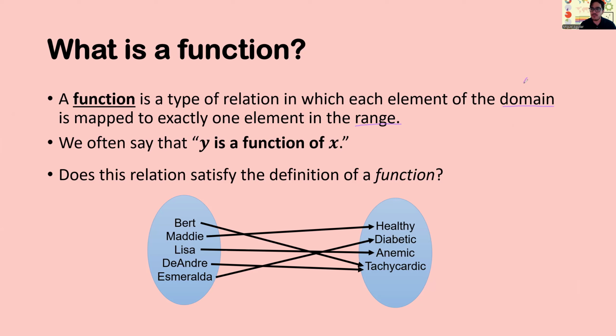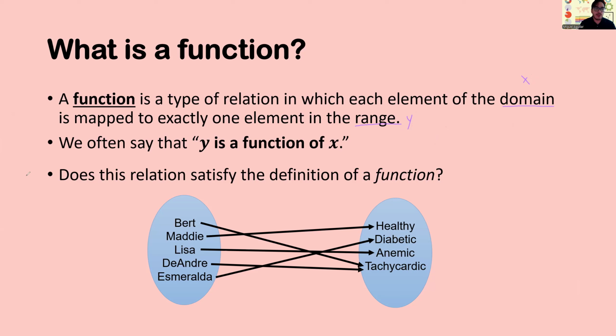But a function is just a type of relation in which each element of the domain, each x value, okay, is mapped to exactly one element in the range. So each x value only has one y value. Sometimes we phrase this and say that y is a function of x, but you should be able to look at a set of ordered pairs or even a graphic like we have here on the slide and ask ourselves, is this a function?